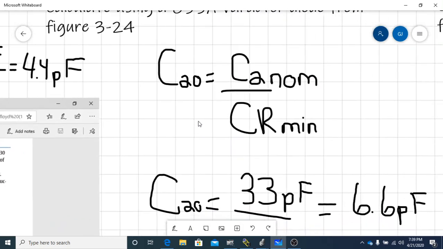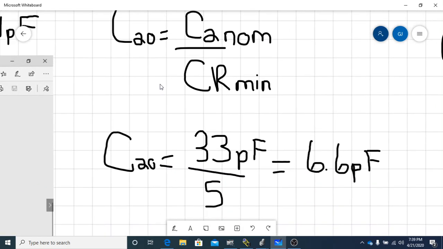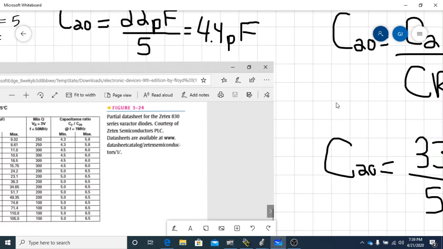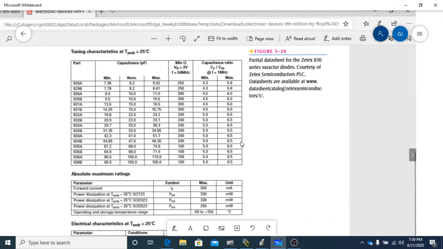So now if we move over to this one, I'd already worked it out for you. To get C20, we have to put in 33 picofarads. So the C2, the capacitance at 2 volts nominal. I put that nom in there so that you would know that you're looking at this. You don't have to put the nom in there, but the C2 over CR is what must be in there.